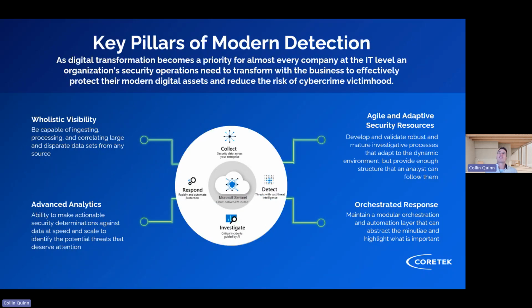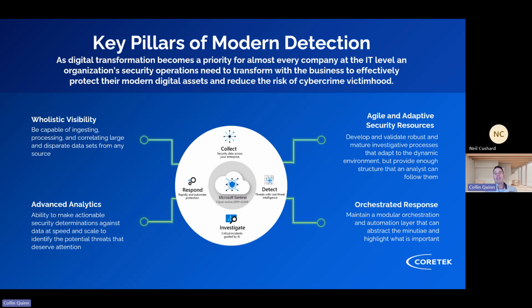So in summary, before we move to showing a little bit of this in action in the system, talking about the key pillars of modern detection, independent of tool set, right? You want holistic visibility, you want advanced analytics, with machine learning, AI, and traditional signature-based analytics. You want agile and adaptive security resources that are given data at their fingertips to make quick and easy decisions.